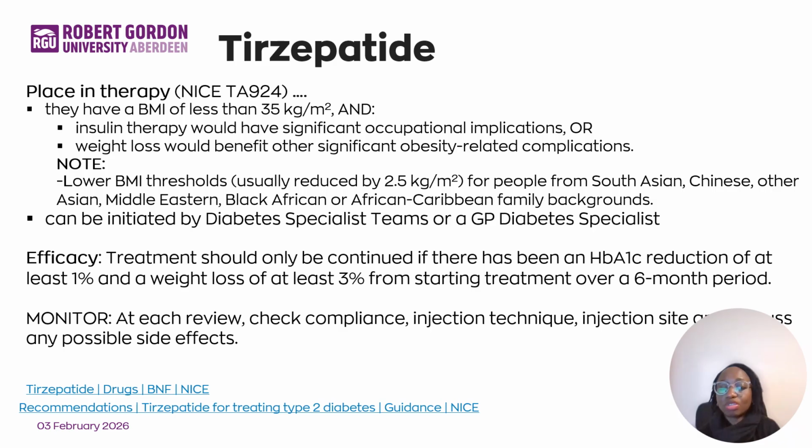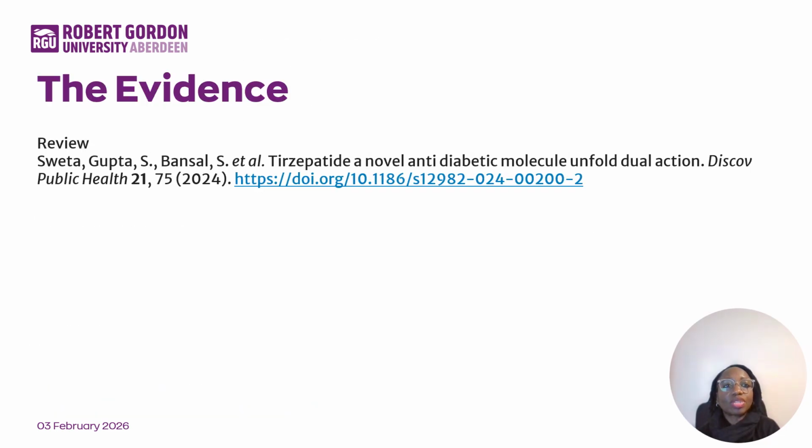Efficacy: treatment should only be continued if there has been at least a 1% HbA1c reduction, or at least a 3% weight loss over a 6 months period. Okay, so at each review, compliance must be monitored, injection technique must be monitored, and also any side effects that would occur. I've included these references, these links for you to review in your own time.